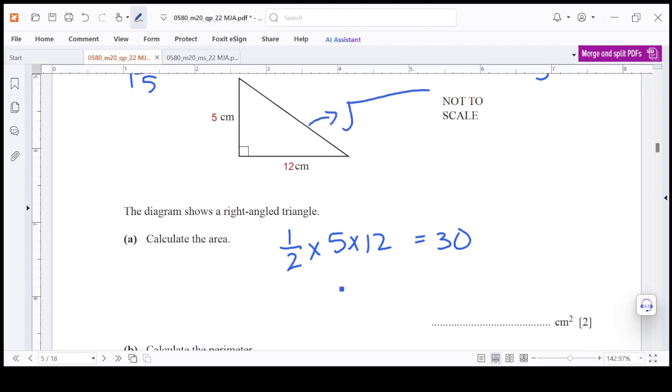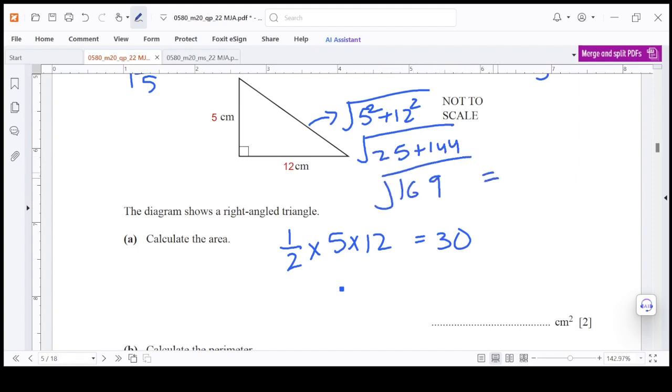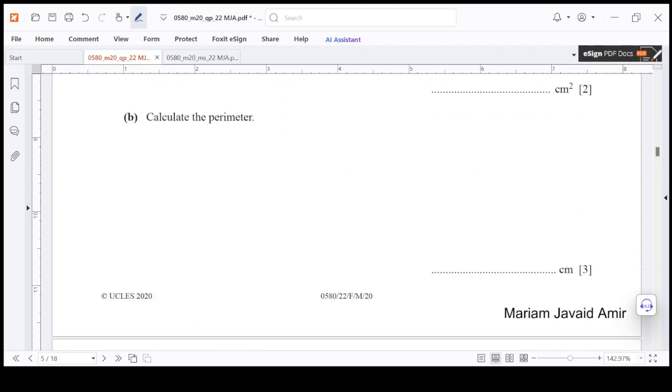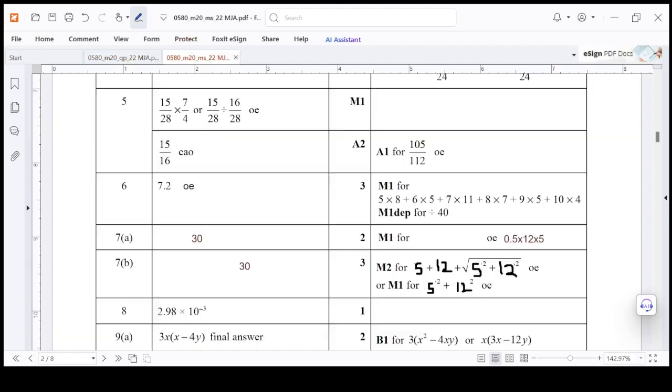This side is going to be the square root of 5 squared plus 12 squared. 25 plus 144 is 169, and the square root of 169 is, I believe, 13. So the third length is 13, and now we need the perimeter, 13 plus 5 plus 12. So this gives 30. So 30 centimeters is the perimeter too.